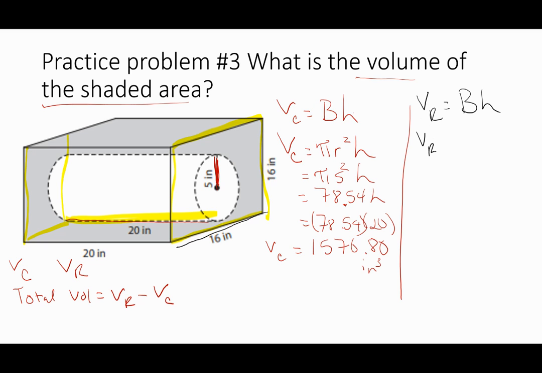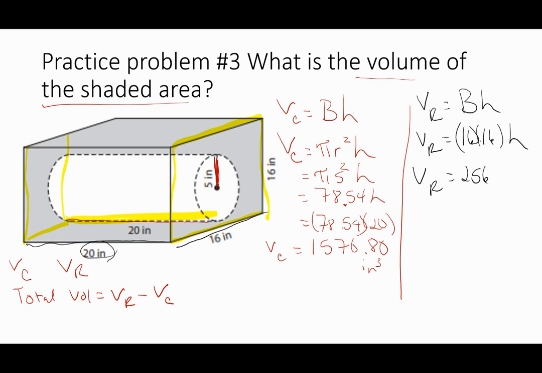The volume of the rectangle is 16 times 16 times our height. So 16 times 16 is 256. And then we need to figure out our height. It says very cleanly here that this is 20.